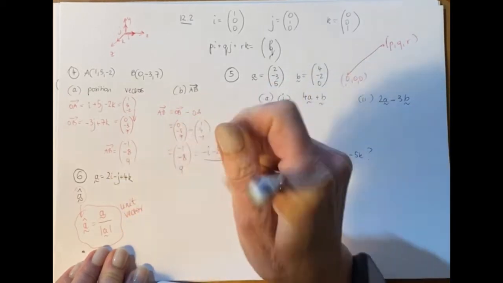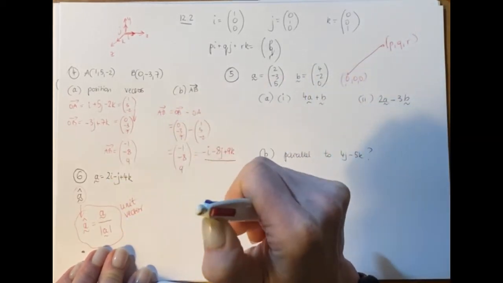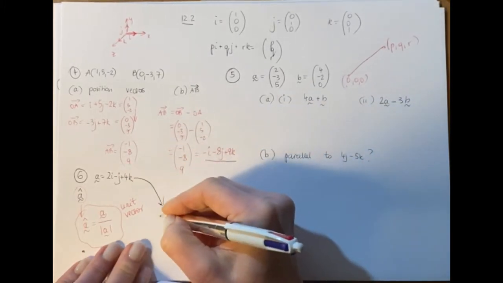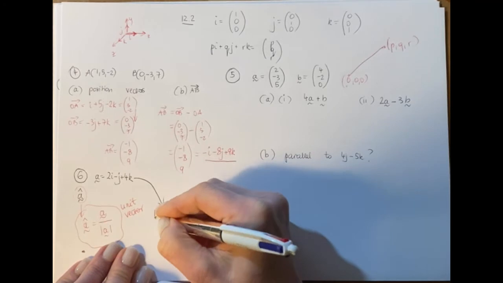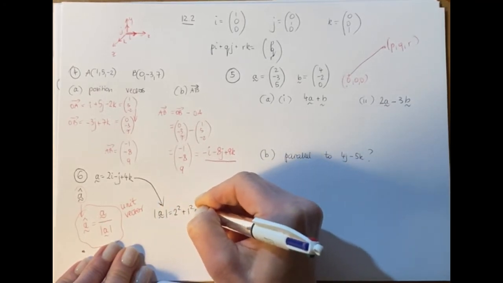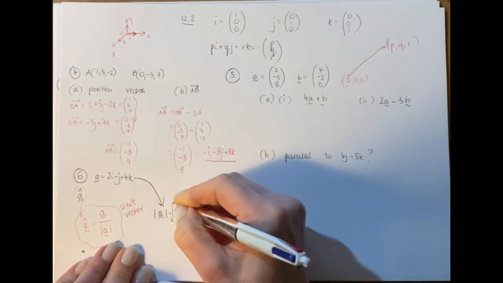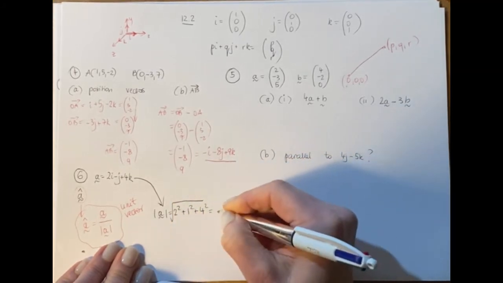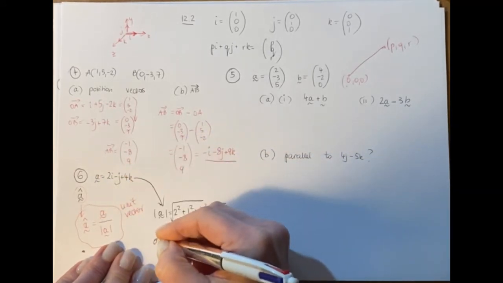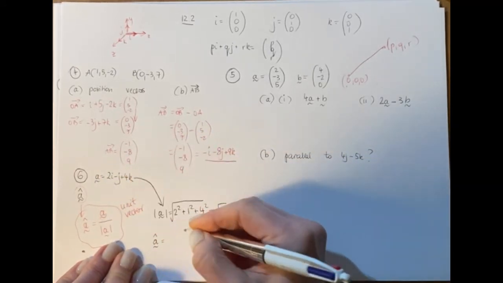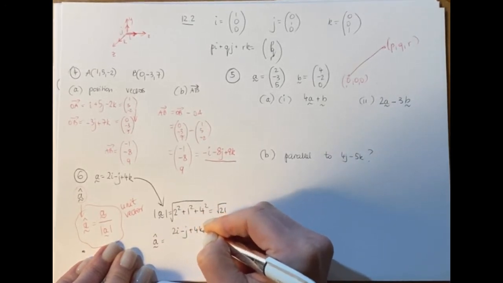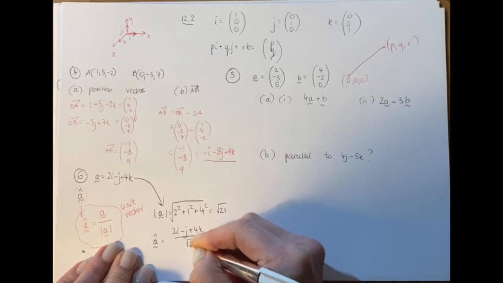So if we are asked to find the unit vector in the direction of vector A, I just need to find the length of that vector. So I'll do 2 squared, add 1 squared, add 4 squared, square rooted. So that's going to be square root of 21. And then I just need to take vector A, so 2I minus J plus 4K, and divide it by its length.